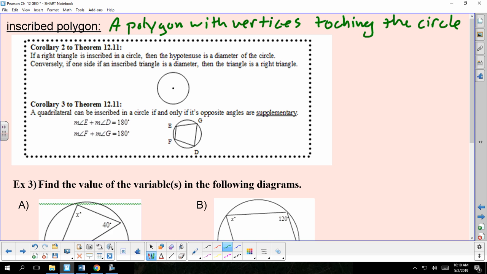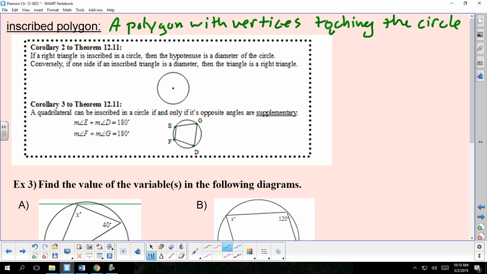Right, so each of the vertices are touching the circle. So each vertex is on the circle. There you go.